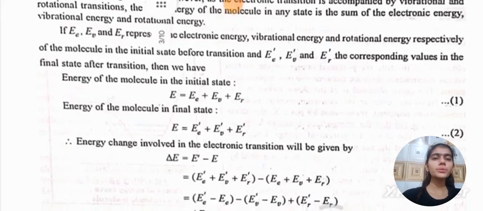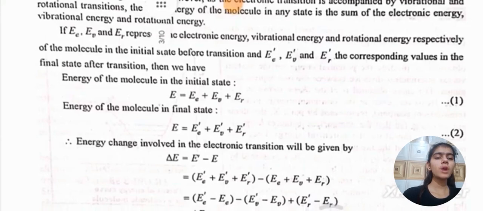Energy of the molecule in the initial state E is equal to the sum of electronic energy, vibrational energy and rotational energy in their initial states, and energy of the molecule in the final state will be E' is equal to E_e' plus E_v' plus E_r', that is, electronic energy, vibrational energy and rotational energy summed in their final states.